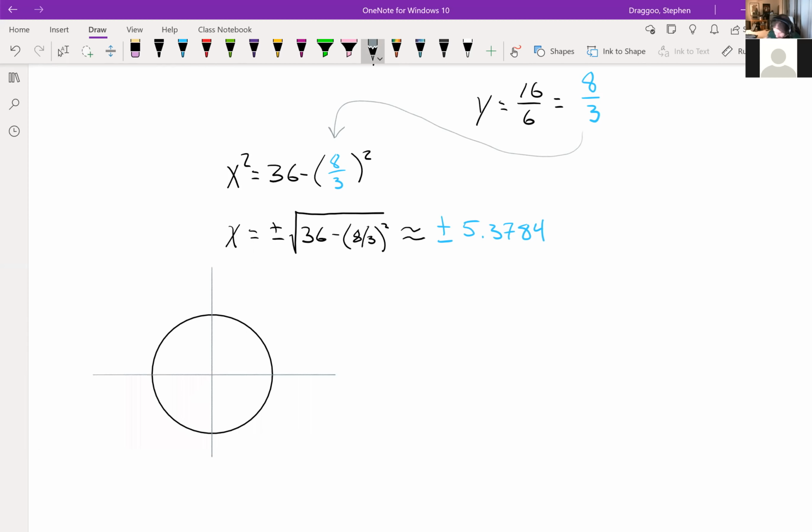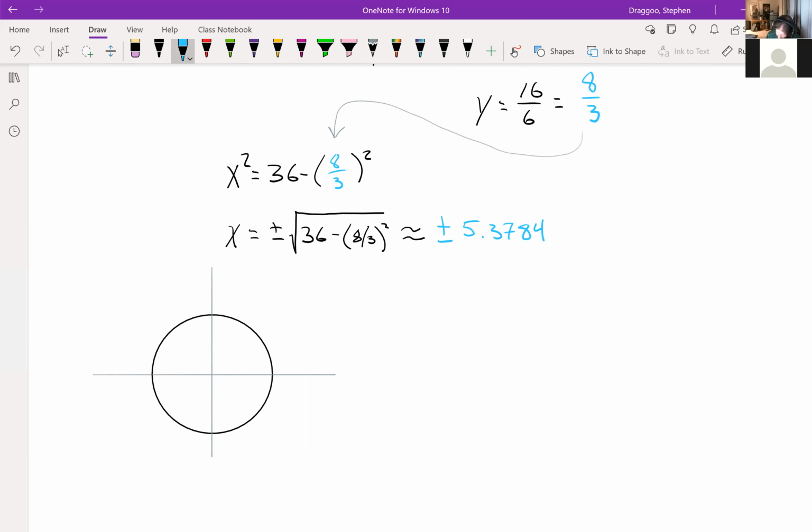Okay. There we go. Here's my circle, right? Circle of radius 6, centered at the origin. And what was I doing here? Right, I wanted to look at the boundary points that we have. So we just found our points at a y value of 8/3, which means they're pretty low.